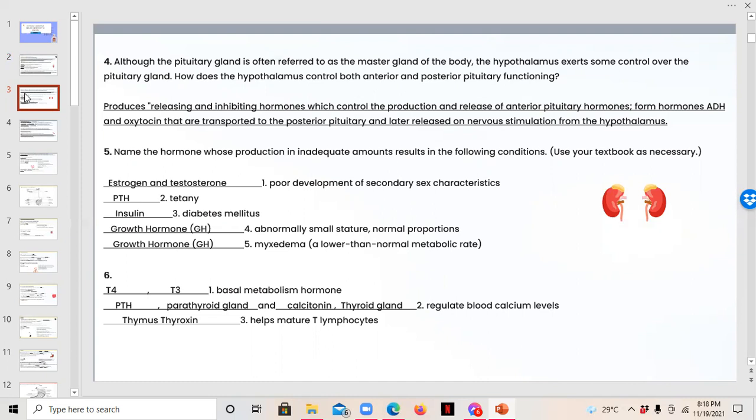Number two is tetany. The answer is PTH. Number three, diabetes mellitus. The answer is insulin. Number four, abnormally small stature, normal proportions. The answer is growth hormone or GH.